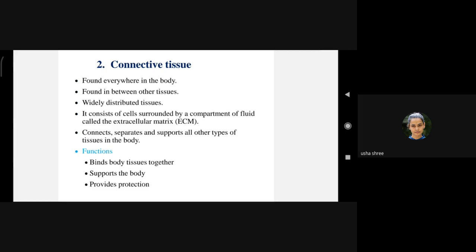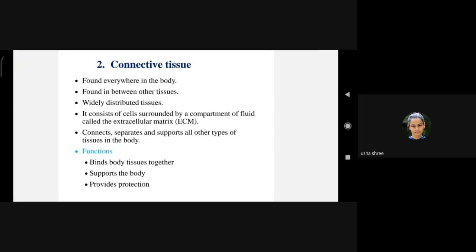The fluid inside the cell is intracellular. Fluid outside the cell is extracellular. So, it consists of cells surrounded by a compartment of fluid called extracellular matrix. Connects, separates, and supports all types of tissue in the body.